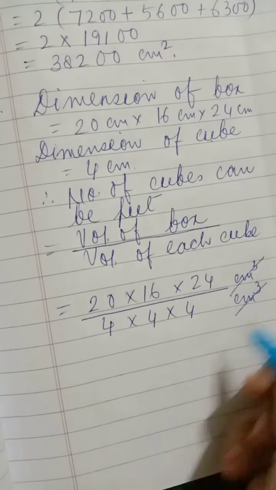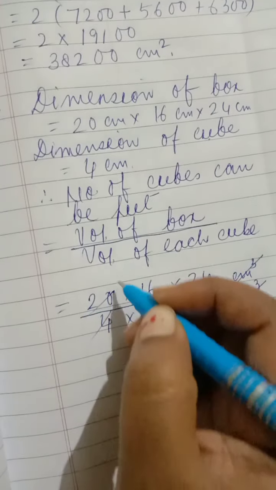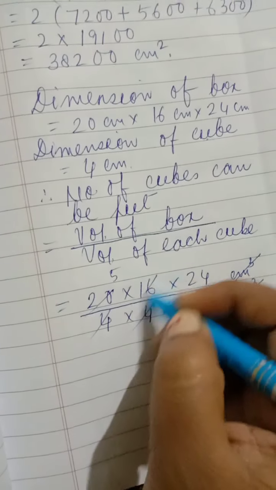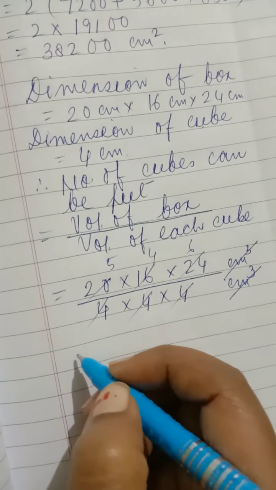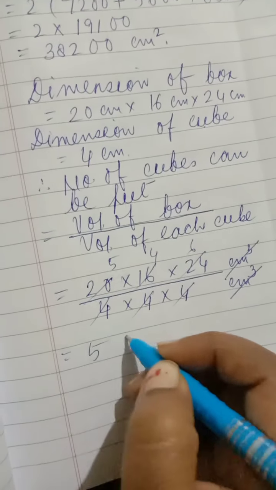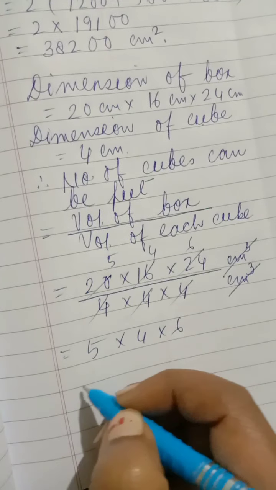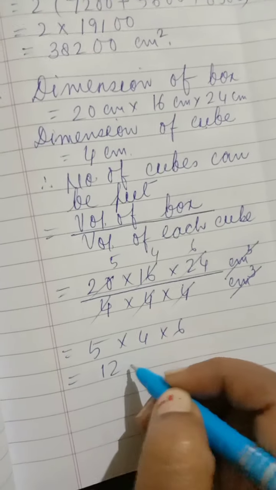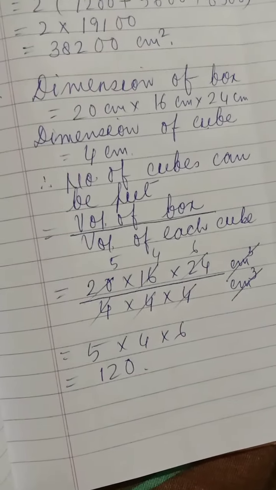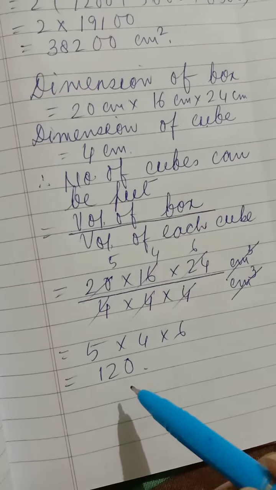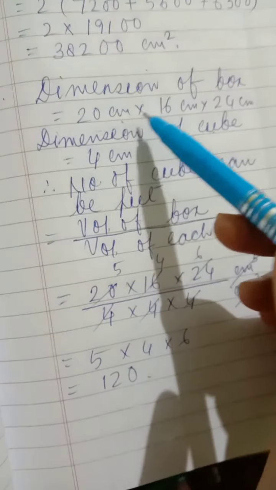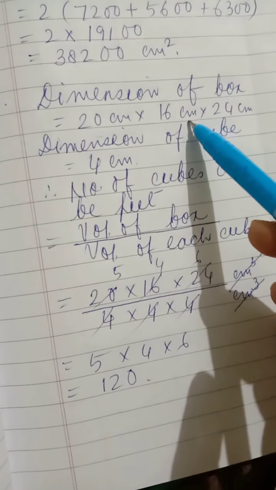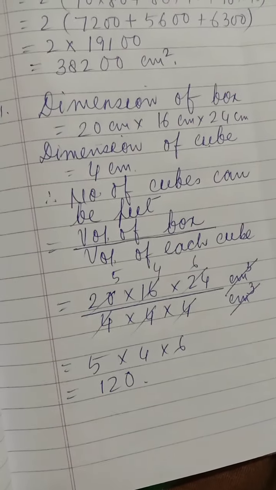Now this will be cancelled. Now it's 4 5s are 20, 4 4s are 16, and 4 6s are 24. So it's 5 into 4 into 6, and this is equal to 120. So we can put 120 cubes in this box whose dimension is 20 centimeter by 16 centimeter by 24 centimeter.